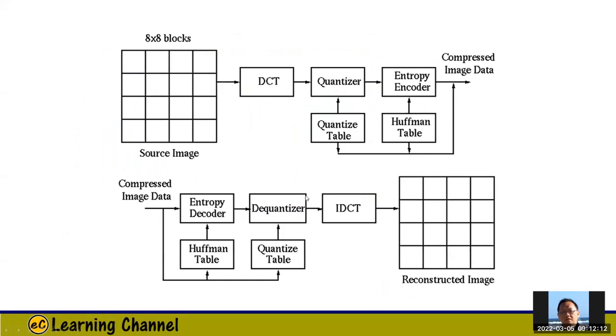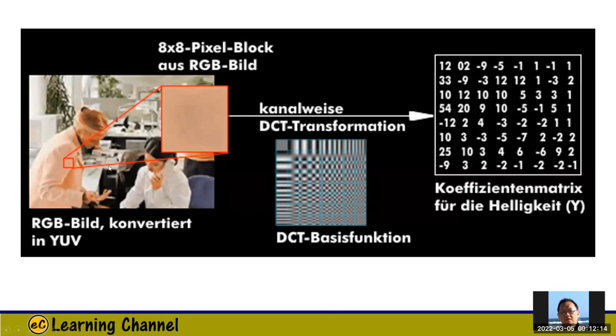Here is a picture like this, and I take a block of 8x8. After the DCT transform, I get some data on the right side. Originally it is a picture, and then it is converted to this. As you can see, the DC term is bigger, and these corners are smaller.